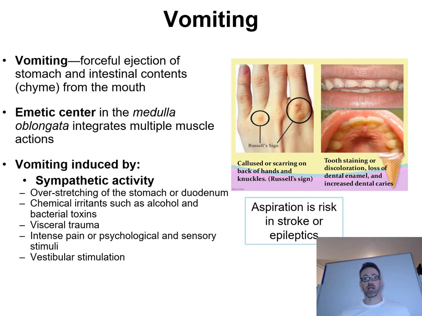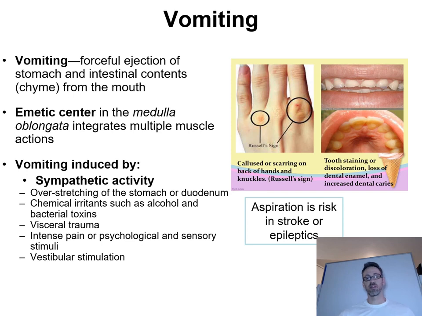Any kind of intense pain, psychological and sensory, can do it. Psychological, for example, could be having a very sensitive gag reflex. When somebody hears somebody else gagging, they start to gag, that kind of thing. Vestibular stimulation, meaning that feeling of being on a boat or feeling dizzy, like the room is spinning. Going on long car rides or roller coaster rides can also stimulate that as well.